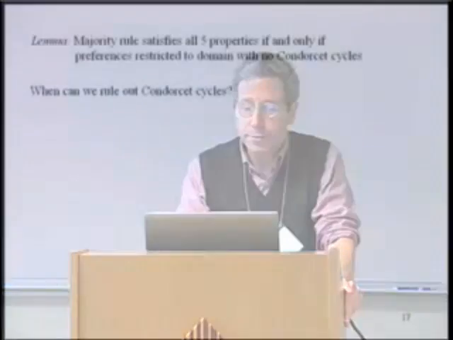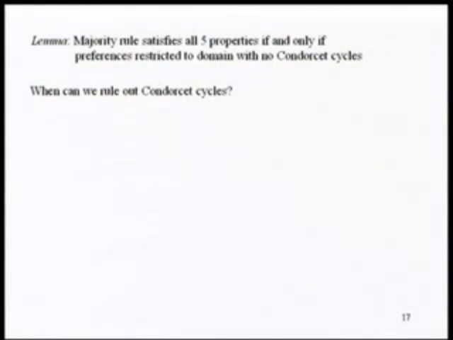So in other words, the only problem with majority rule is the fact that we could have a Condorcet cycle, that is, x, y, z, y, z, x, z, x, y can all arise in the same domain. And in fact, there are some quite plausible circumstances in which Condorcet cycles are extremely unlikely.